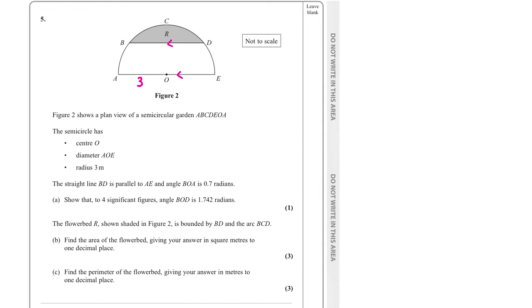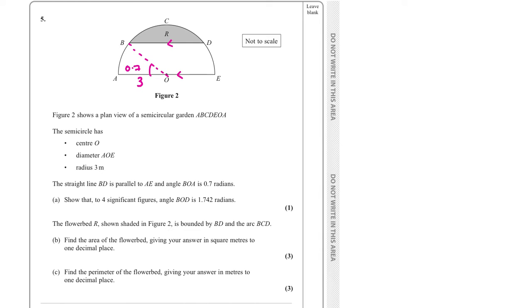It's handy to know. Angle BOA is 0.7. Step 1, what am I going to do? Calculator, radians, okay? It's just hit me then that we are now in radians. I'm going to do that straight away. If I don't do that, I'm going to forget.